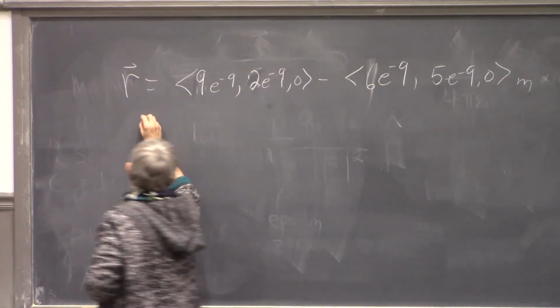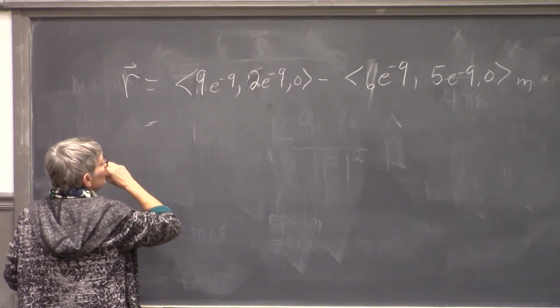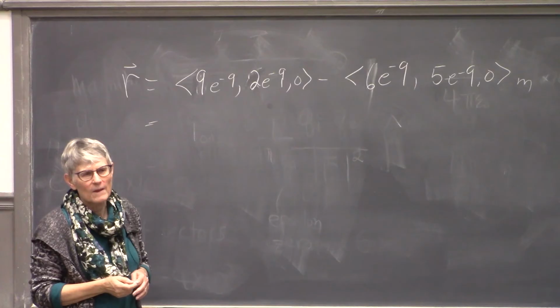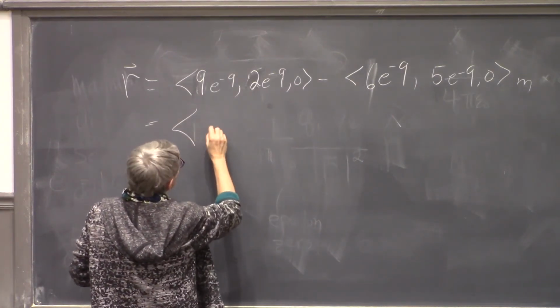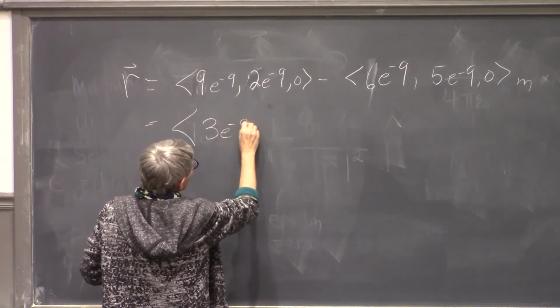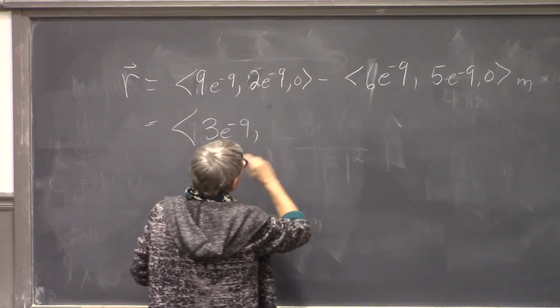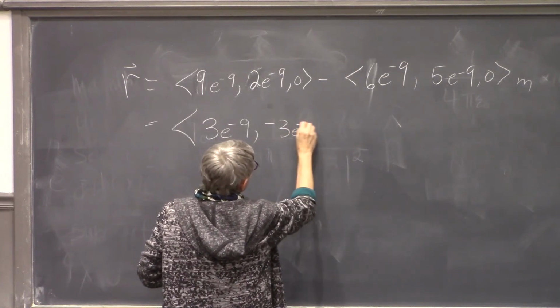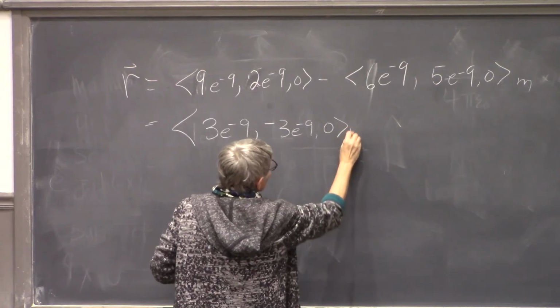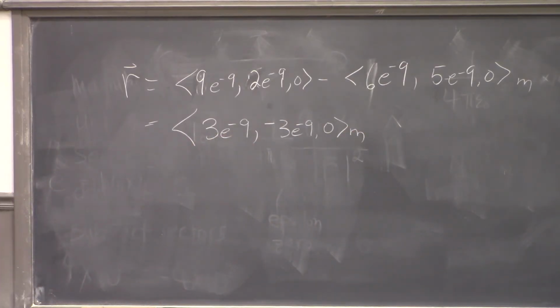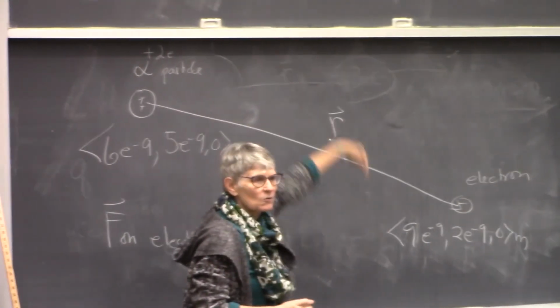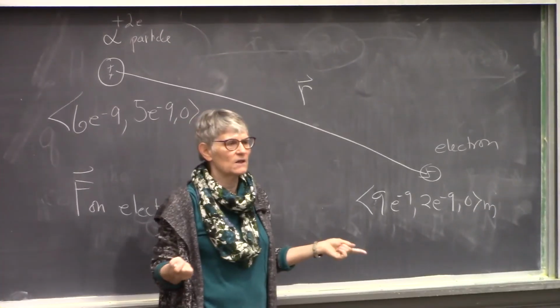Is that right? Yeah. Okay. So we have 3 times 10 to the minus 9, negative 3 times 10 to the minus 9, 0 meters. And that makes sense because the x component is positive and the y component is negative, and so that looks like the arrow we drew.